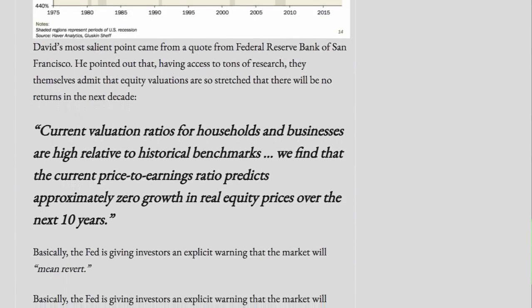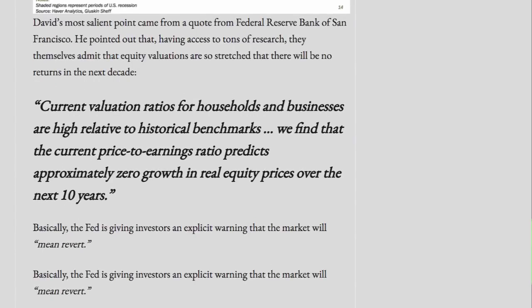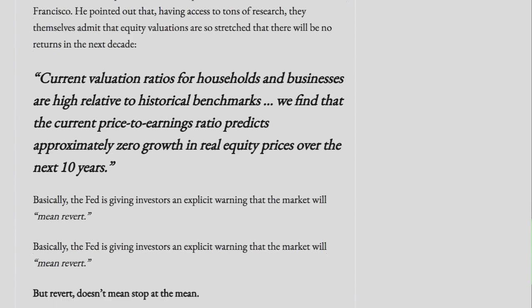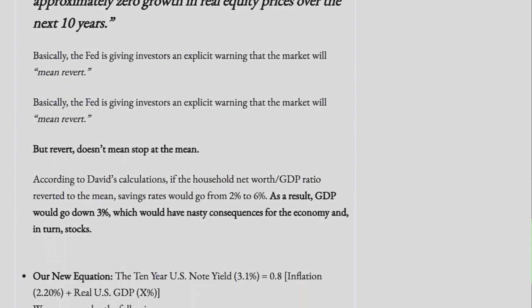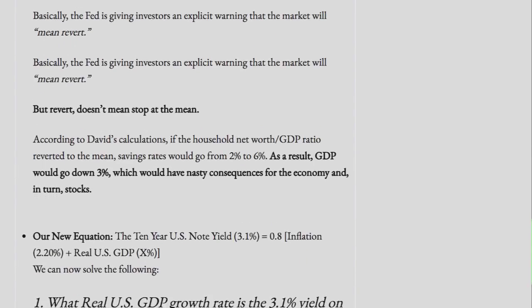Quote, "Current valuation ratios for households and businesses are high relative to historical benchmarks. We find that the current price-to-earnings ratio predicts approximately zero growth in real equity prices over the next 10 years." Close quotes. Basically, the Fed is giving investors an explicit warning that the market will mean revert.